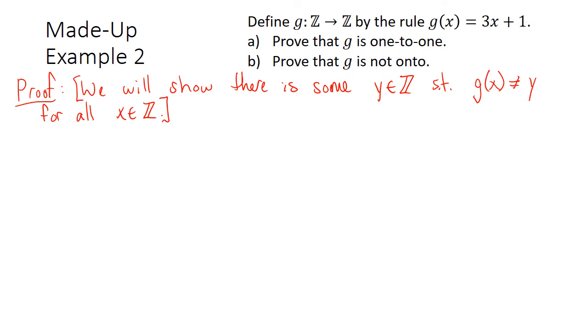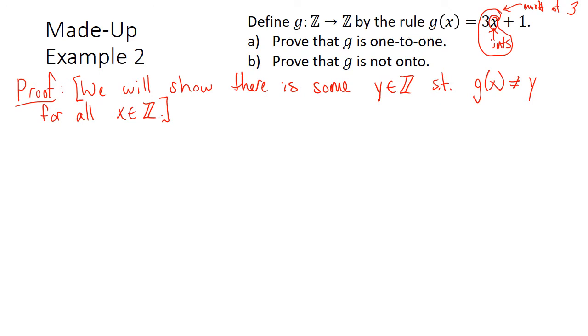So in this case, the reason this is true is because we're using the integers. So if you think about the integers, just putting in integers here, then this whole thing right here is going to be a multiple of 3. So 3x will always be a multiple of 3. And it is not possible to write every integer as a multiple of 3 plus 1.